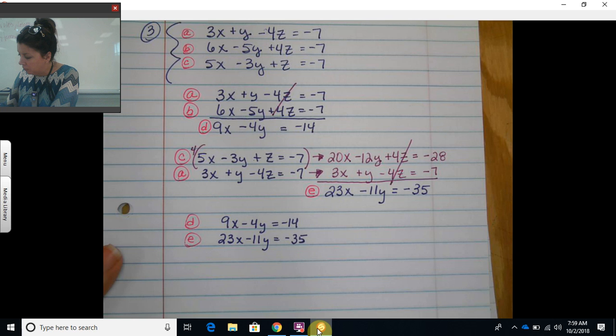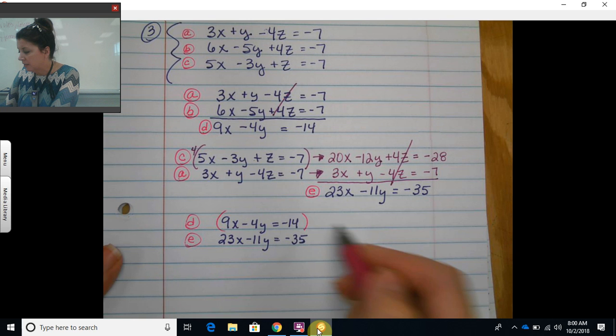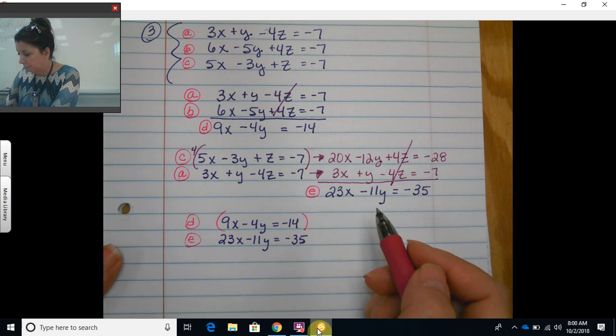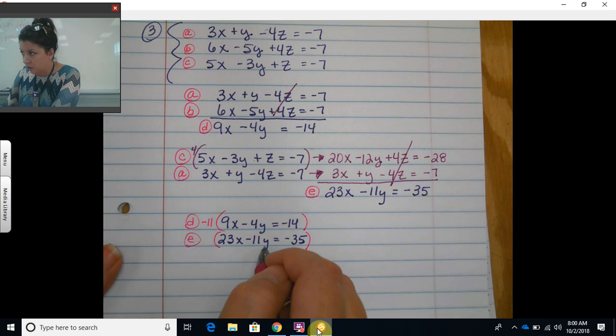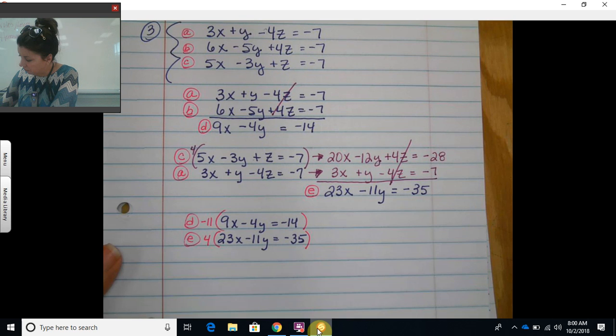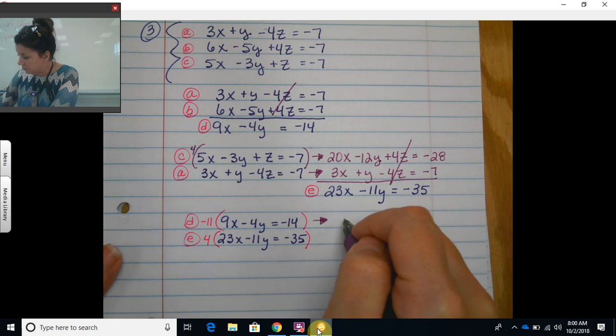So that would mean I would have to multiply the top equation by what? Negative 11. So if I want to leave the bottom one negative and turn it into a 44 using multiplication, I would multiply by what? 4. So I distribute the negative 11.